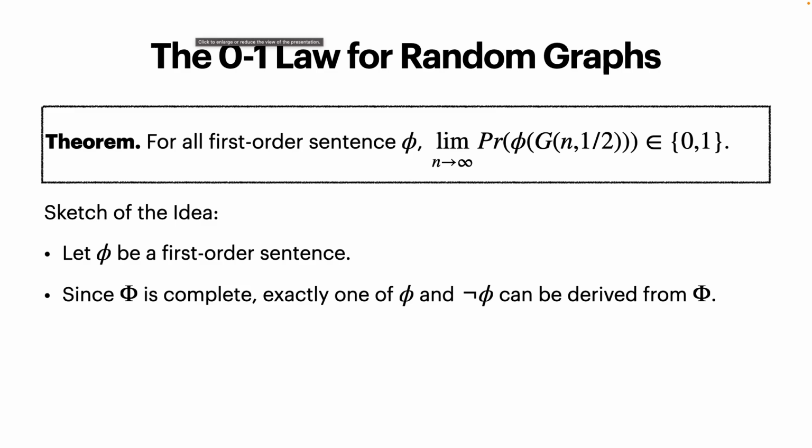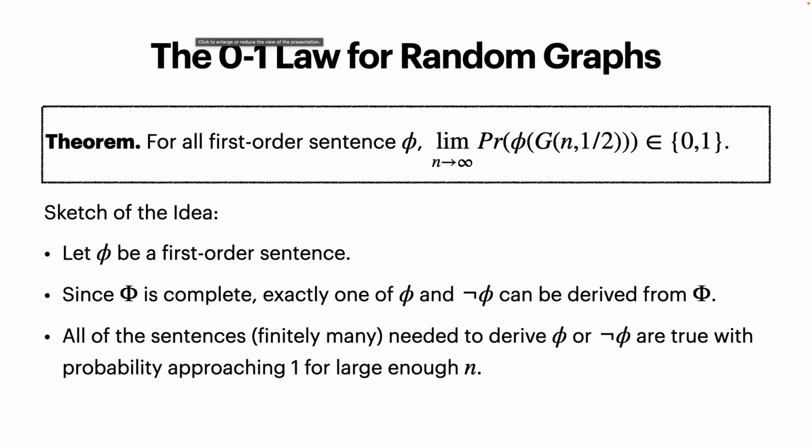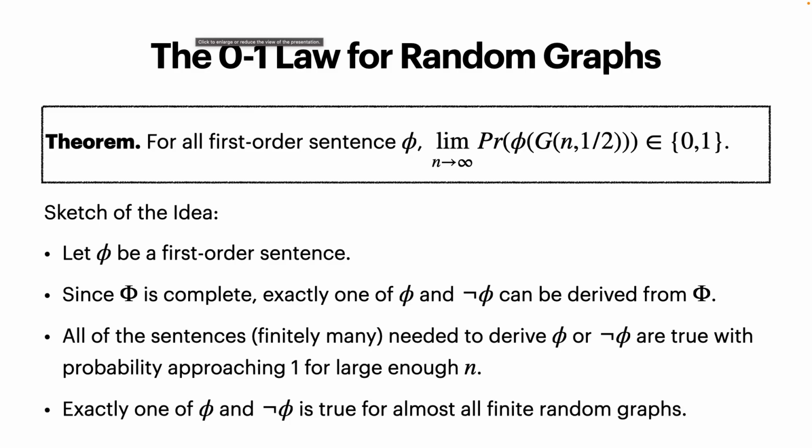Since our theory of random graph is complete, exactly one of phi or not phi will be consistent with our theory of random graph. And all of the sentences needed to derive phi or not phi are true with probability approaching 1 for large enough n. So basically, exactly one of phi or not phi is going to be true for almost all of the finite random graphs.